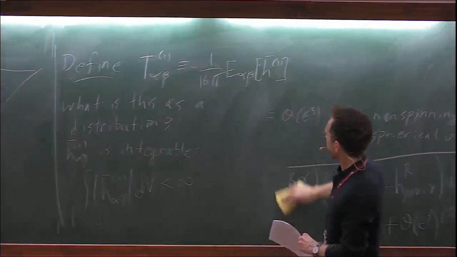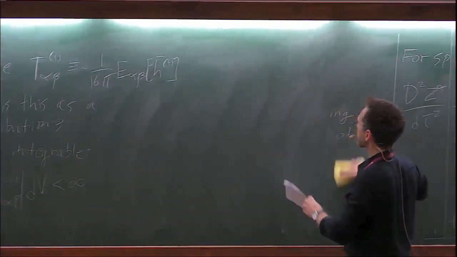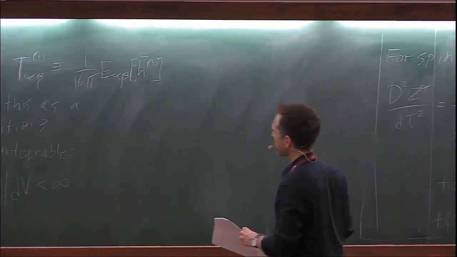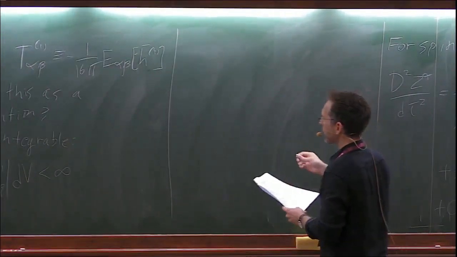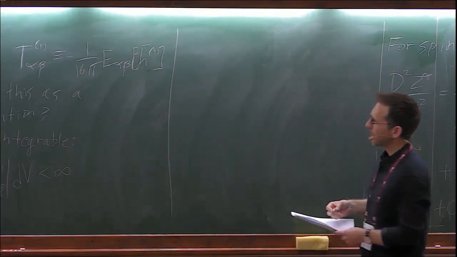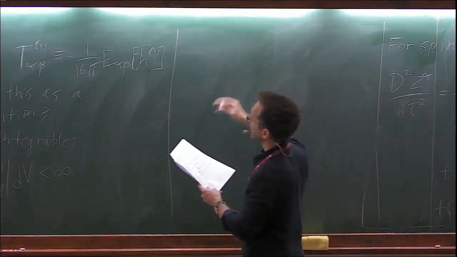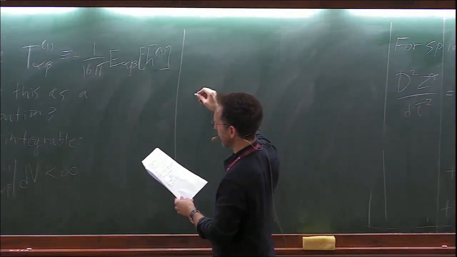And then you use the fact that a linear operator, like this capital E, when it acts on an integrable function, is defined by how its adjoint acts on a test function. So let me explain what that means.